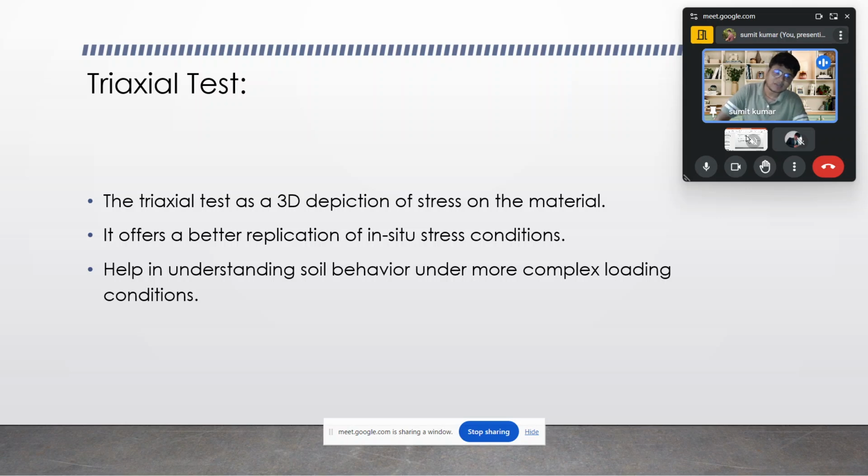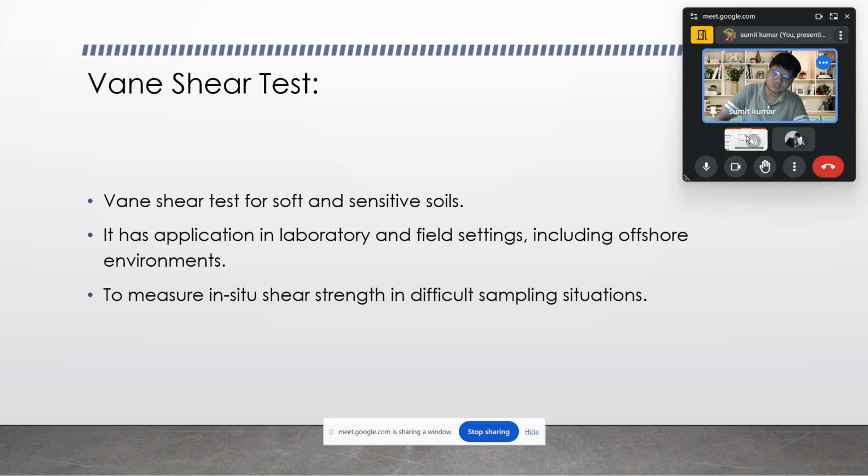There are three parts of this, that is UU, CU, and CD test, which we are going to discuss. The third one is the vane shear test, which is performed on soft and sensitive soil. It has application in the laboratory and the field setting as well, including the offshore environment, to measure the in situ shear strength in difficult sampling situations.